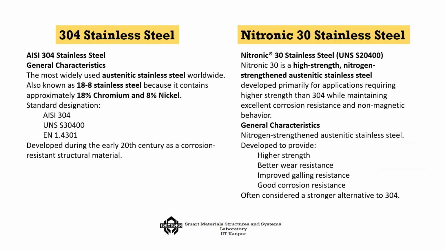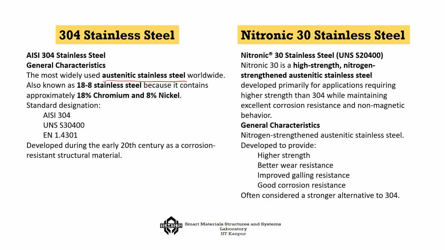There are two other varieties of stainless steel, I should say. One is 304, another is Nitronic 30. Now, 304 is a very common stainless steel, called AISI 304, and it is used as austenitic stainless steel worldwide. It is also known as 18-8 stainless steel because it has 18% chromium and 8% nickel.